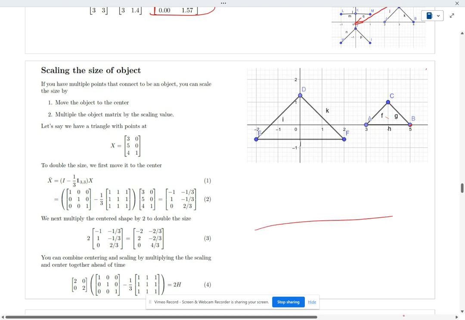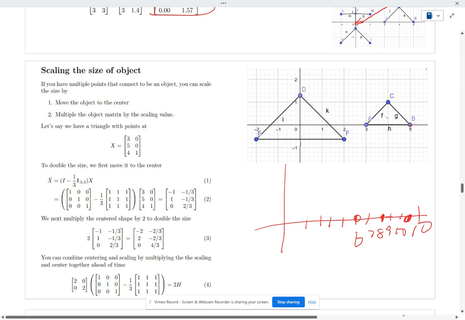Let's see. If you multiply all the points by 2, so 6, and it'd be 10. 6, 7, 8, 9, 10. So from 6 to 10. And then 1, 2, 3, 4. This will be 8.